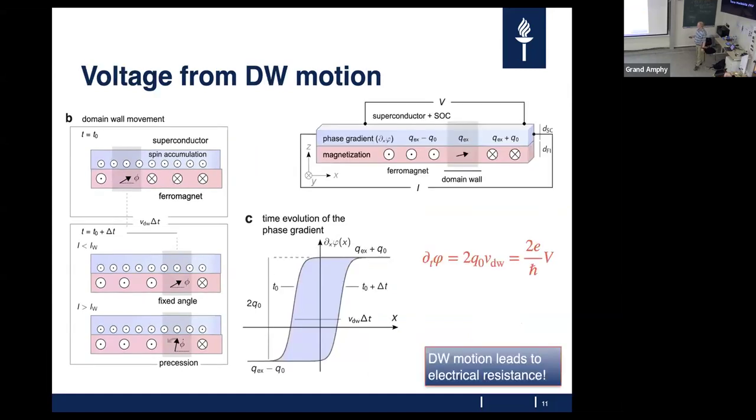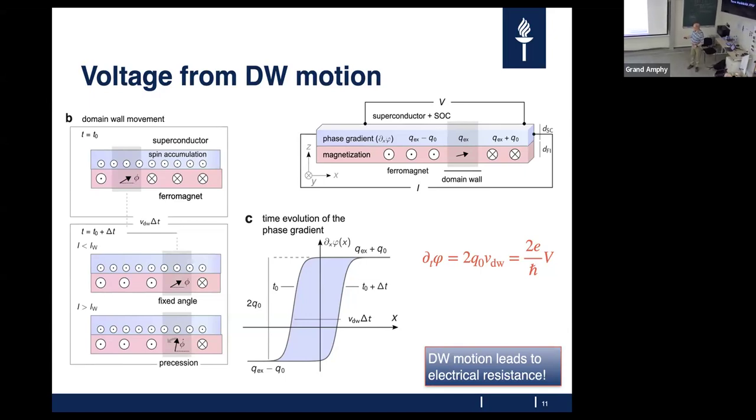Now, if the domain wall is moving, actually it creates a voltage. And why that happens is relatively simple to explain. As I told you, there is this helical phase Q0 that changes sign across the domain wall. Now, if the domain wall is moving, this means that the phase gradient at a given position depends on time.